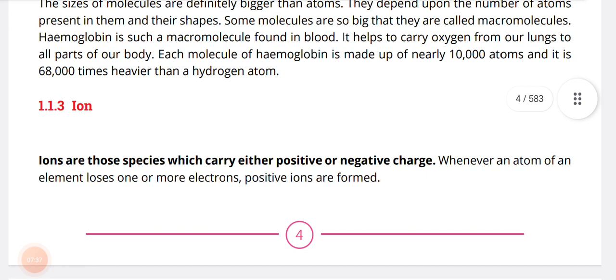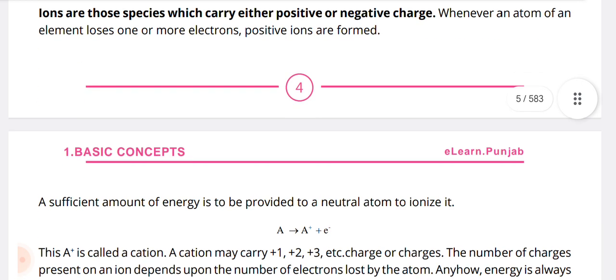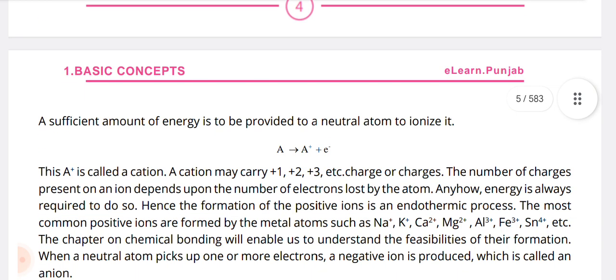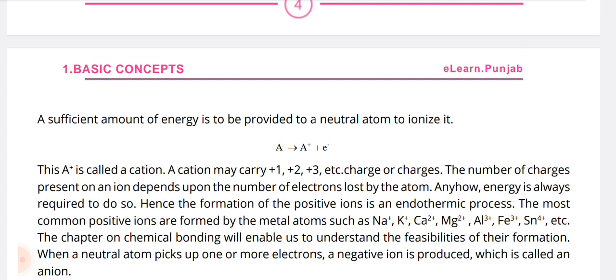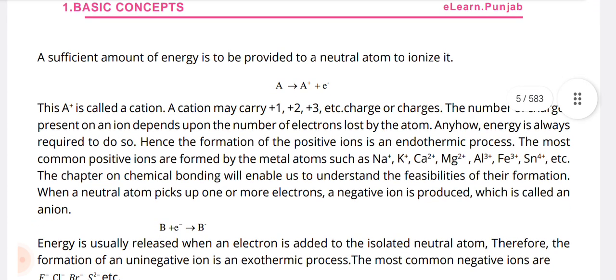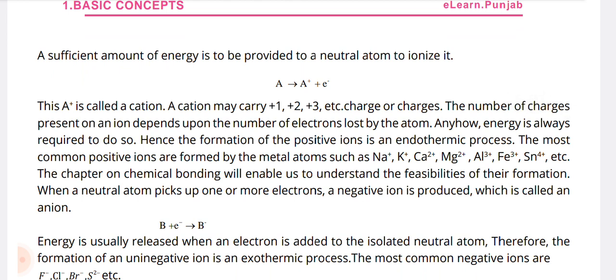Ion. Ions are those species which carry either positive or negative charge. Whenever an atom of an element loses one or more electrons, positive ions are formed. A sufficient amount of energy is to be provided to a neutral atom to ionize it. A gives us A+ plus e-.